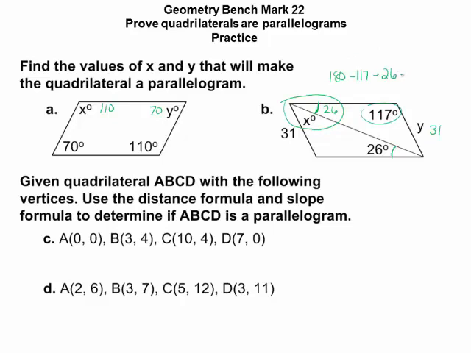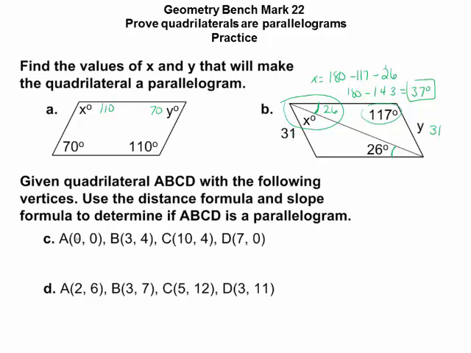So I can add the 117 and the 26 together and subtract it from 180. So that's going to be 3, carry my 1, 143. So that is going to be 37. That is my x. Does that make sense? So that one took a little bit more work.